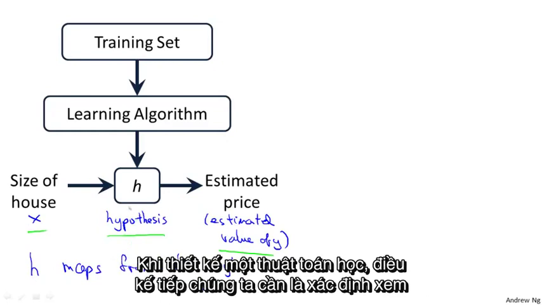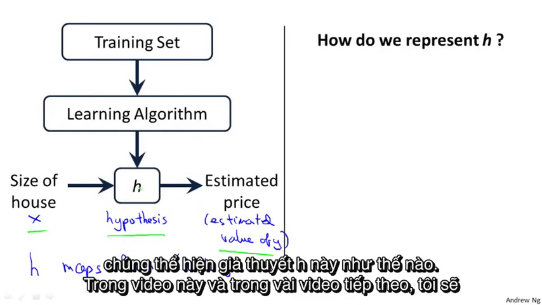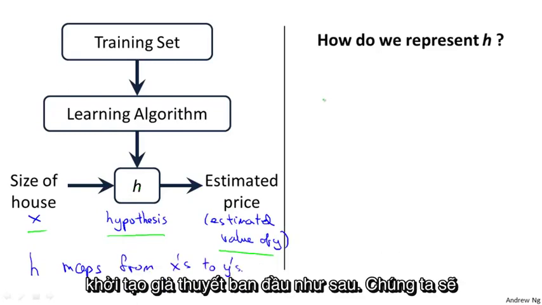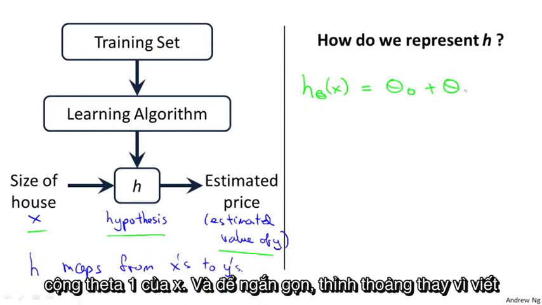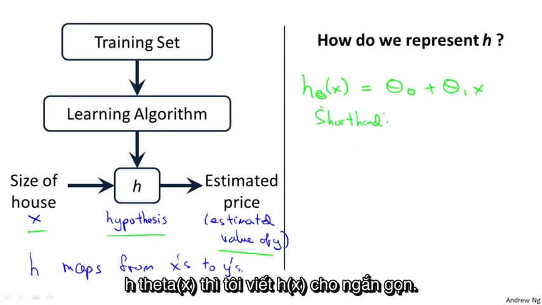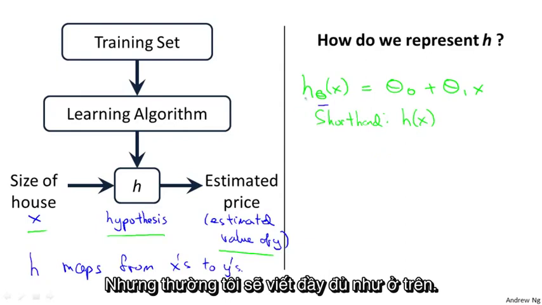When designing a learning algorithm, the next thing we need to decide is how do we represent this hypothesis h? For this and the next few videos, our initial choice for representing the hypothesis will be the following. I'm going to represent h as follows: h subscript theta of x equals theta 0 plus theta 1 x. As a shorthand, sometimes instead of writing h subscript theta of x, I'll just write h of x, but more often I'll write it with the subscript theta.